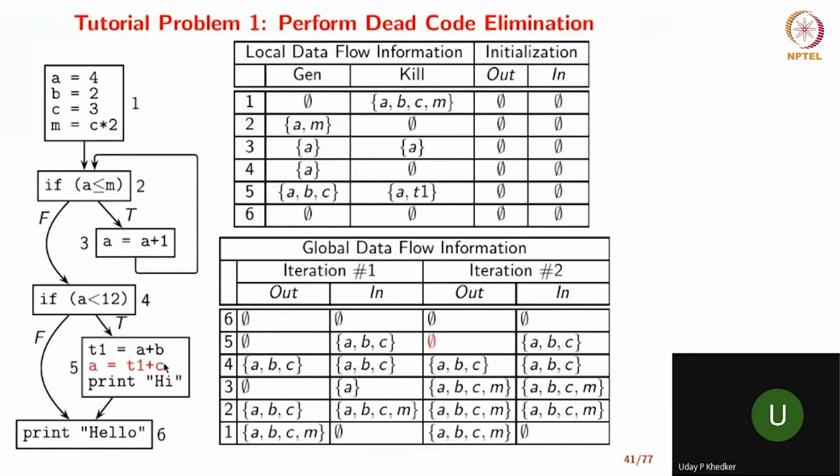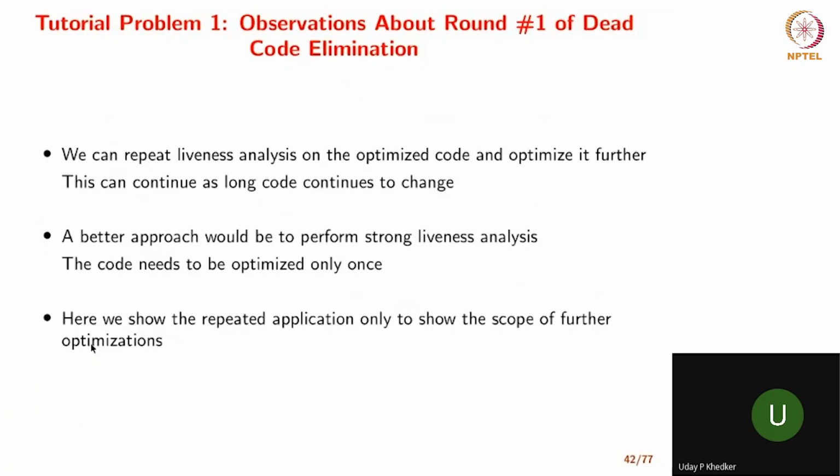Now, once we remove this, we observe that the use of T1 goes away, and therefore this may also be removed. So what is the moral of the story? The observation is that we can repeat liveness analysis on the optimized code and optimize it further. This can continue as long as the code continues to change.